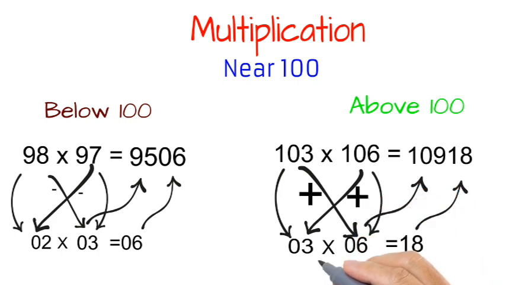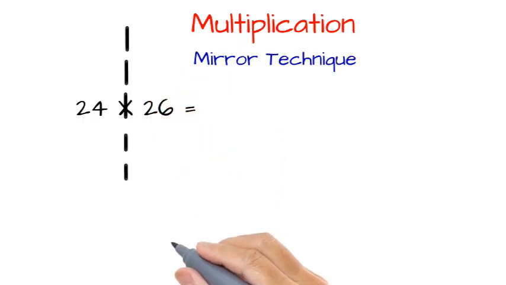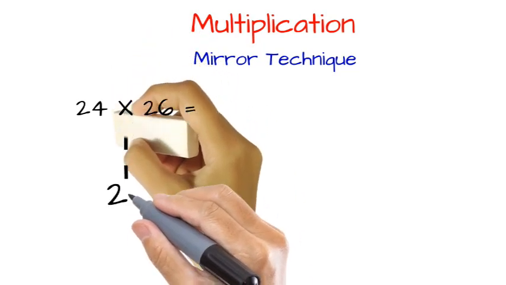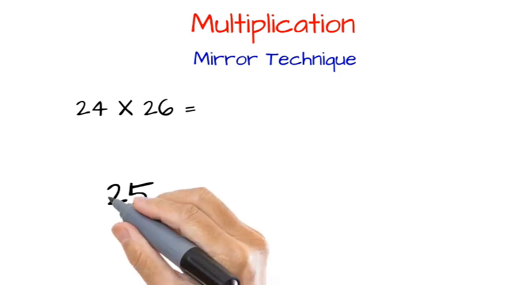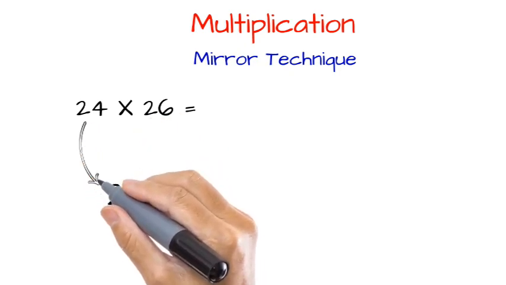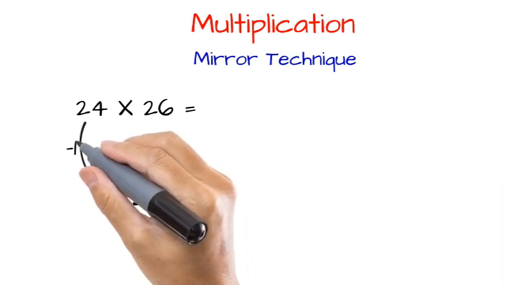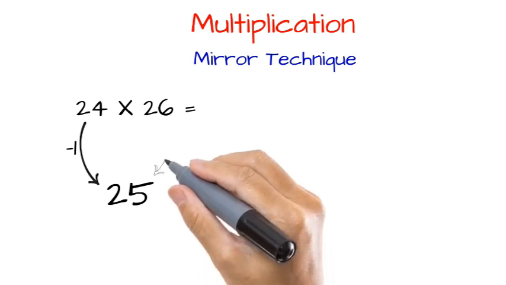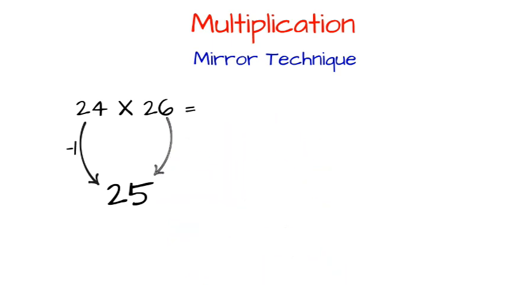It doesn't matter. And the next technique is multiplication using the mirror technique. This technique can be applied for a number before a particular number and a number after it, so both are multiplied together. Let's say an example is 24 into 26, mirror about 25. The difference between 24 and 25 is minus 1, and 26 and 25 is plus 1.